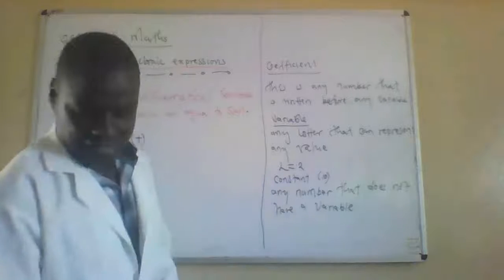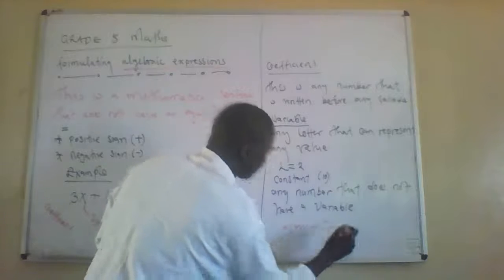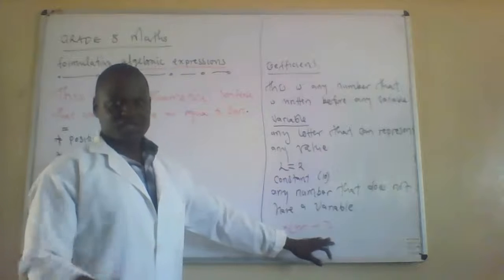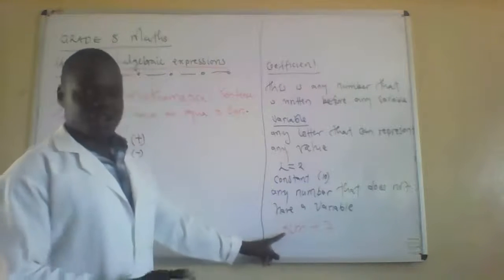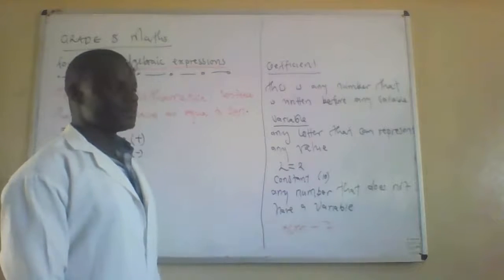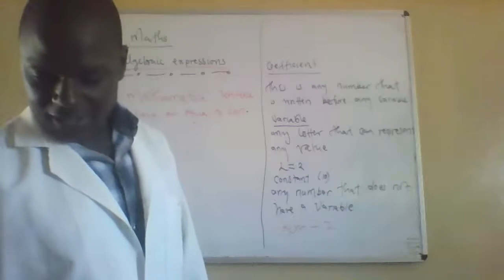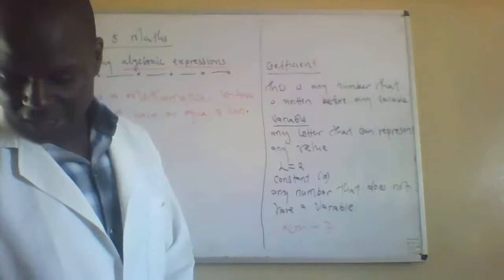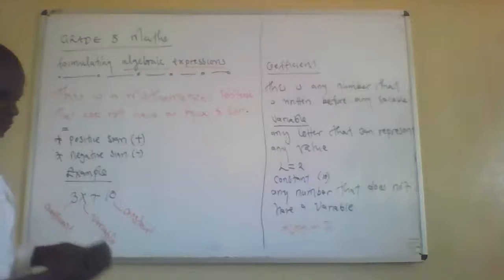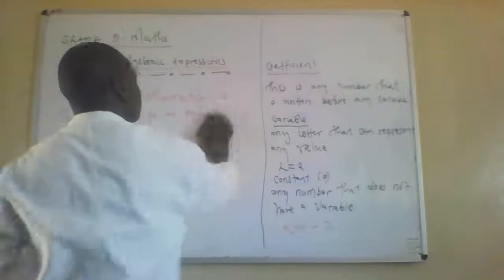We can also have another expression, maybe such as 4m plus 7. In this case, the 7, which does not have a variable, is a constant. Our m here is a variable, and our 4 here, which is written before the letter m, is a coefficient. Now let us understand one more thing about these algebraic expressions.